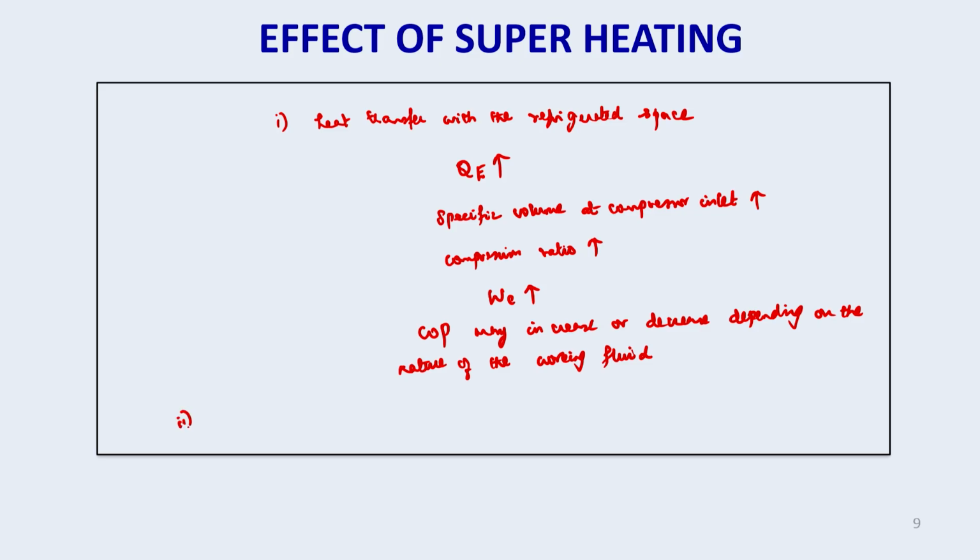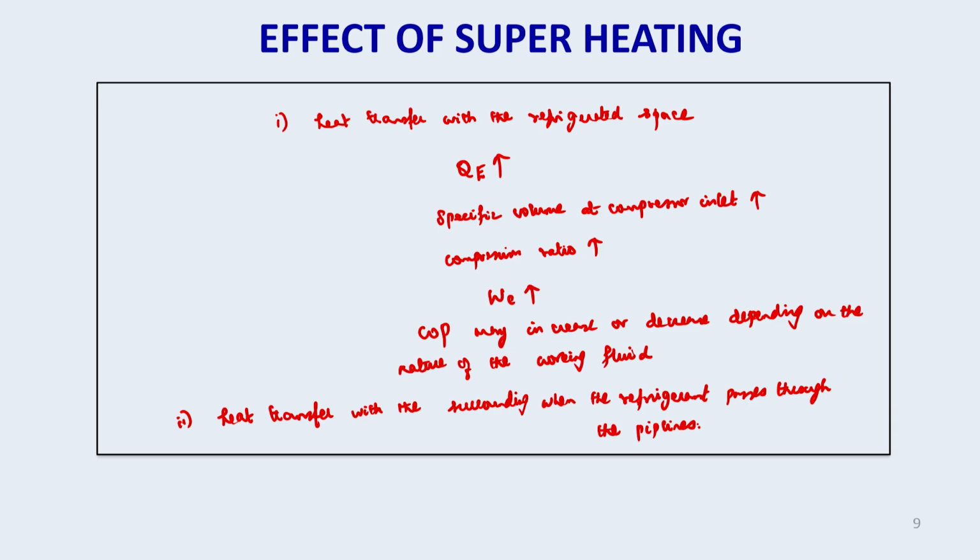So the second type of superheating is heat transfer with the surroundings, when the refrigerant passes through the pipelines.